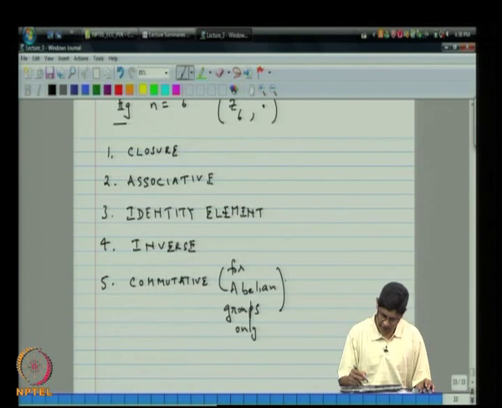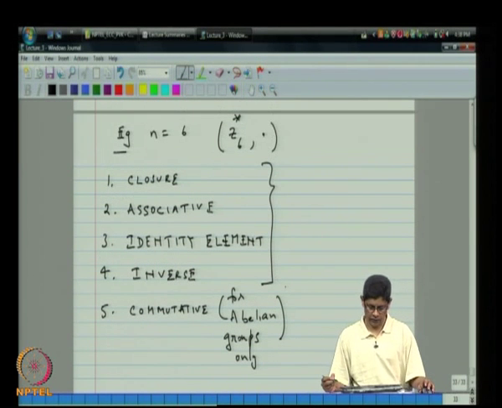Basically there are 4 operations that you need to check.